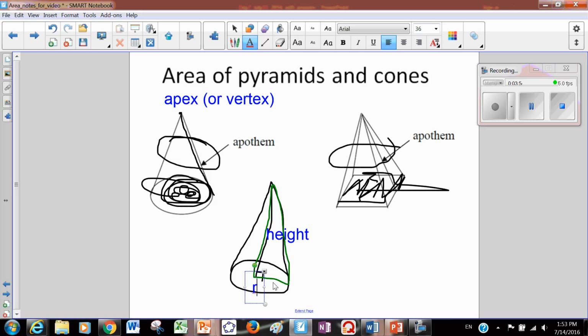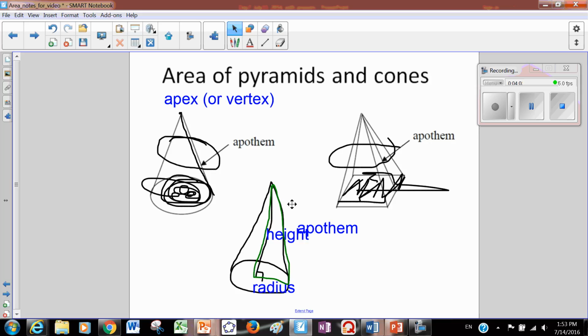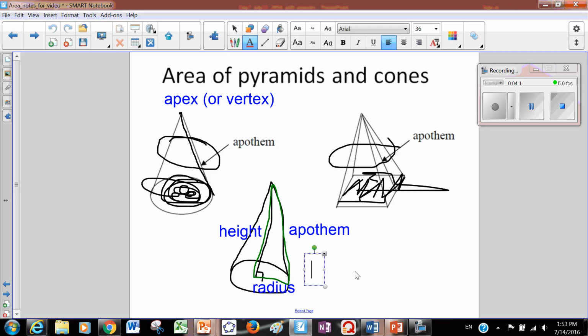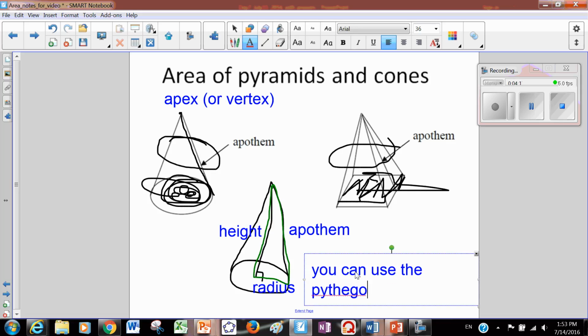So here you have the radius, and here you have the height, and on this side you would have the apothem. I'm just going to move it so you see better. So you see here you have the height, the apothem, and the radius, and you have a right angle triangle. So when you have that, you can use the Pythagorean theorem. That's going to help you figure out some lengths.